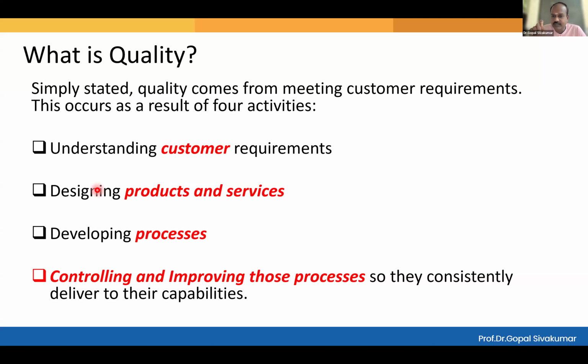Then only the first line is complete. What is the first line? Understanding customer requirement. What did I say here? Understand the customer segment, understand their spoken requirement, understand their unspoken requirement, convert all of them into technical requirement, right?